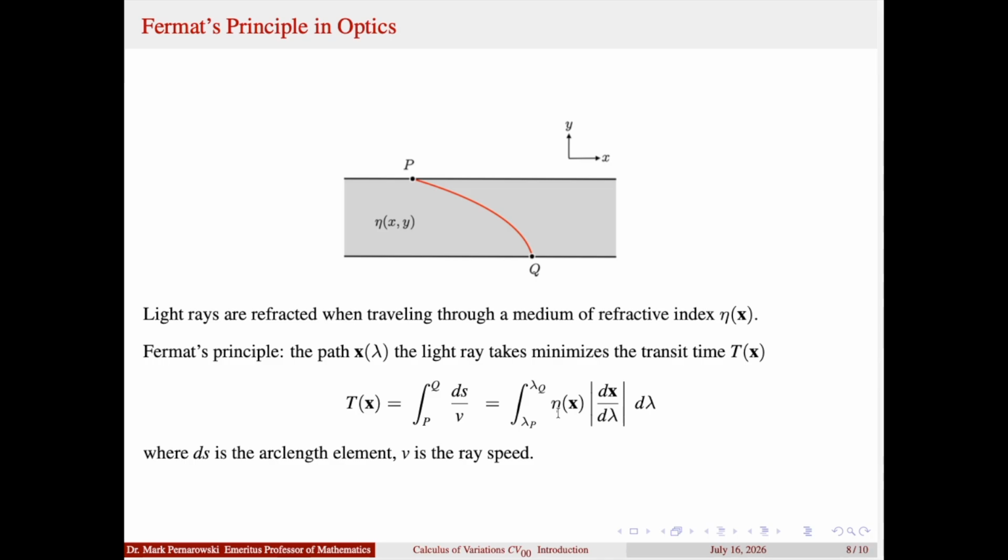It's a principle. It's been tested, and it works. But from a math point of view, it's saying, of all the paths x, what minimizes this last integral? Because if I can find the thing that minimizes this last integral, that will be the path that the light takes. So it's a minimum transit time problem. Again, input x, output t, a real number; of all of the x's, which one minimizes t.